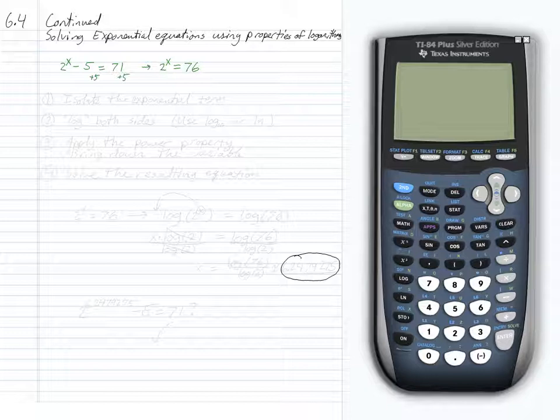Our final procedure for solving exponential equations will always work. First, we isolate the exponential part of the equation, if at all possible. Next, we will take the logarithm of both sides. And we may use whichever logarithm we like.